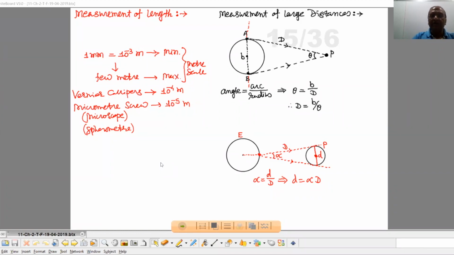This is called parallax. And the distance between the two points of observation is called the basis.